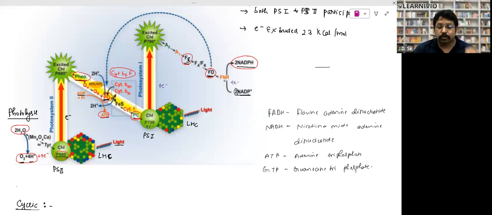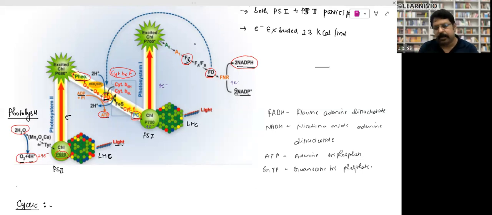So in the non-cyclic electron transport chain, which is the final electron acceptor? Tell me, Aisha and Rabia. NADP plus. If NADP plus is present, it will receive the electron. If NADP plus is not present, where will the electron go? No one will receive the electron. Please note it down.